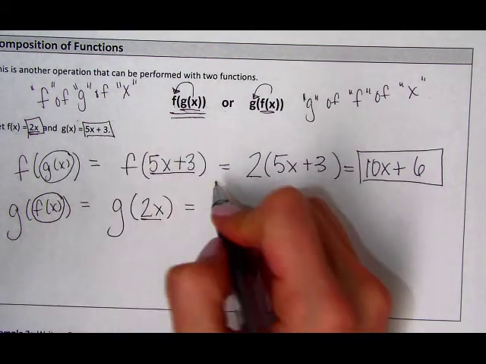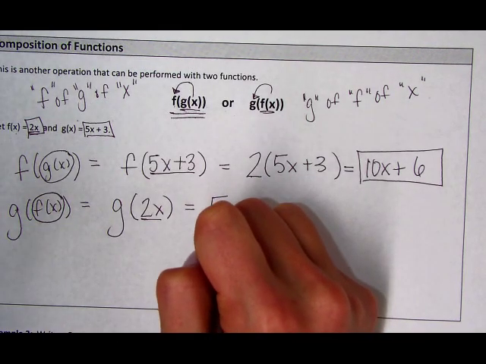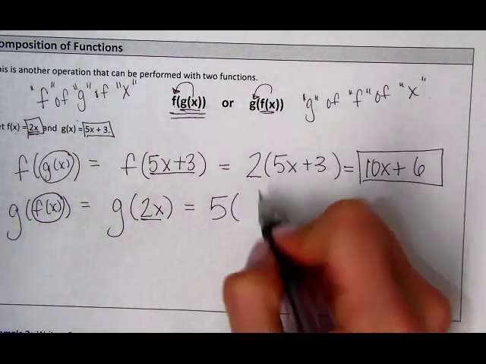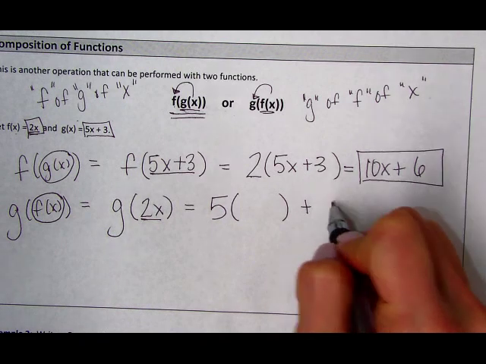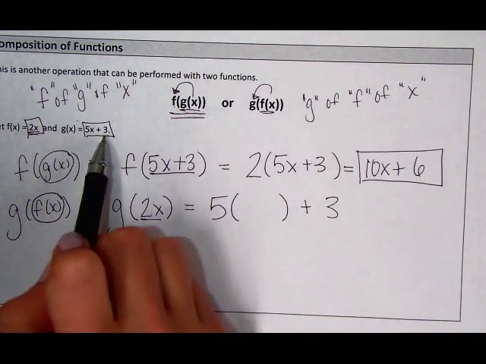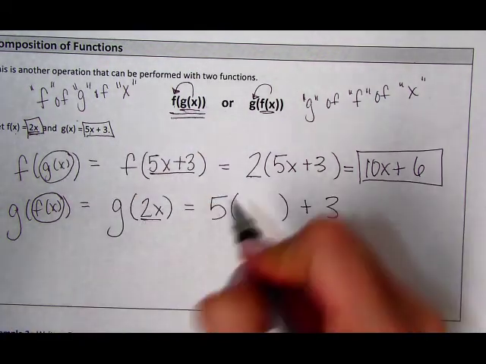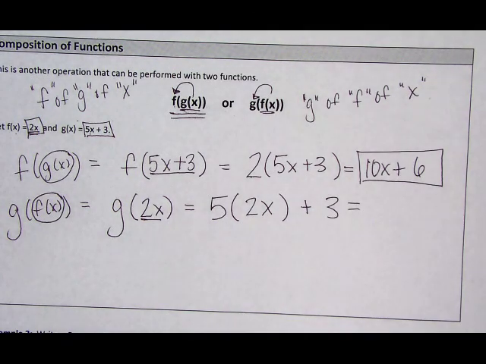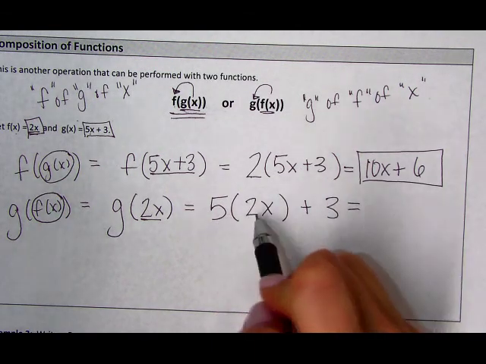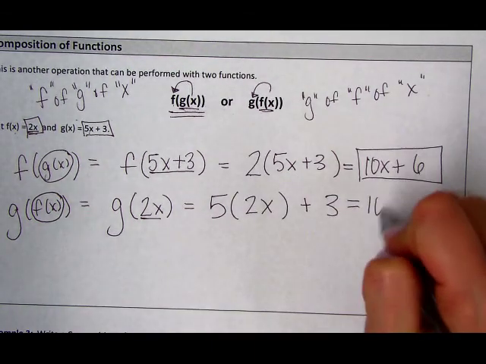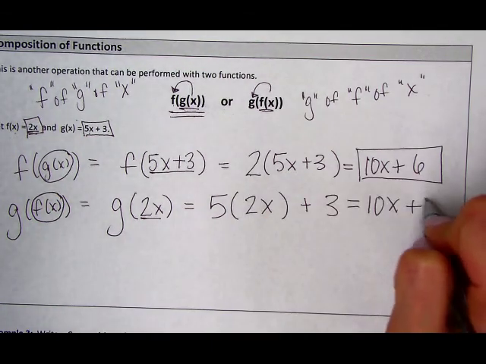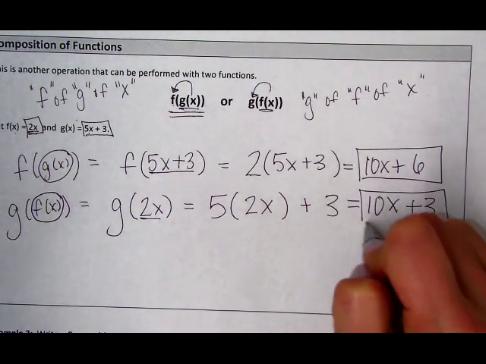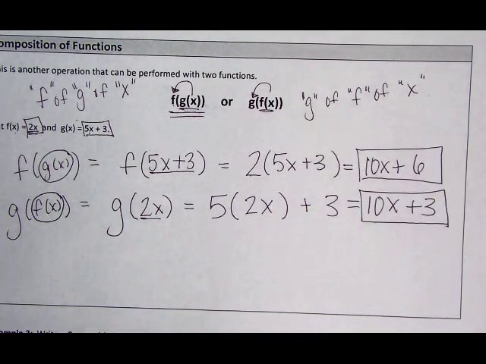So since g of x is 5 times x plus 3, that's my original g, wherever I see my x, I'm plugging in 2x, and then I just carry out my order of operations according to the problem. So in this case, 5 times 2x gives me 10x plus 3. The 3 is on the outside, so I don't distribute the 5 to it.